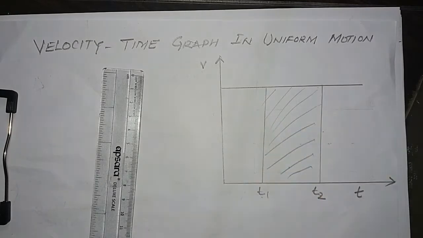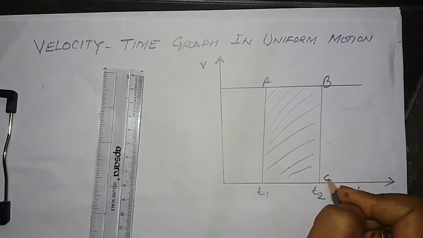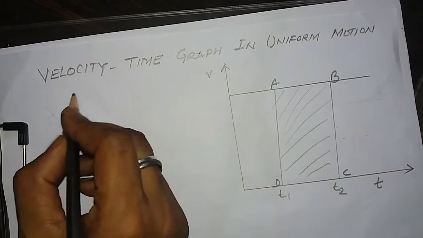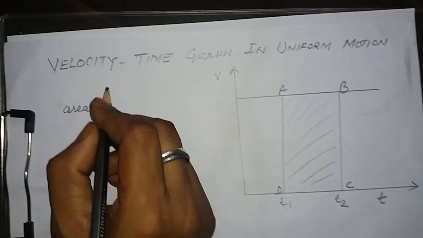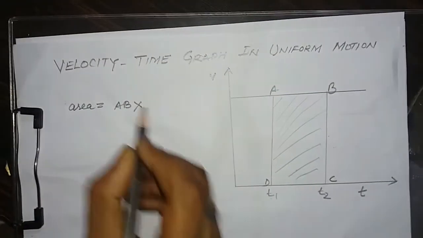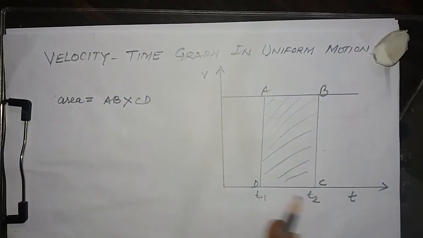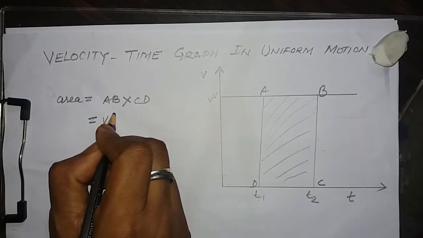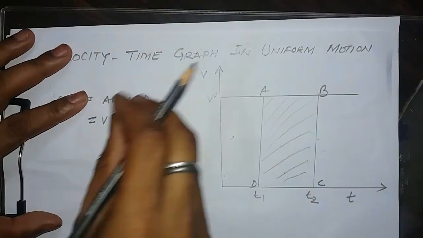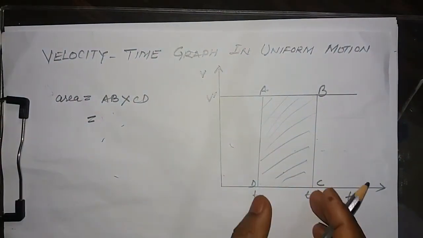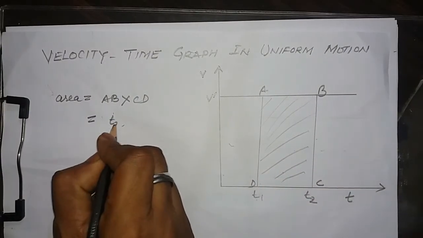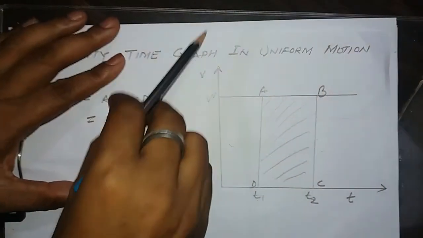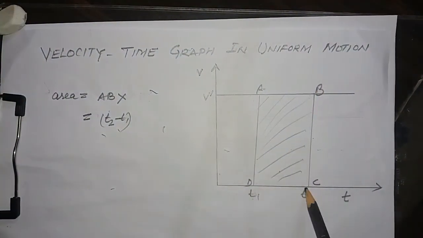Suppose this is A, this is B, this is C, this is D. So the area under this curve is AB into BC.